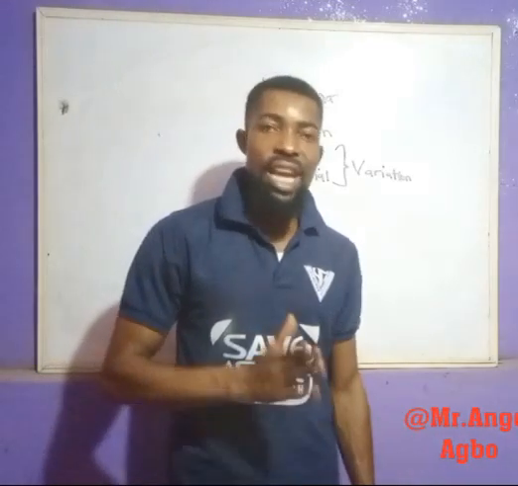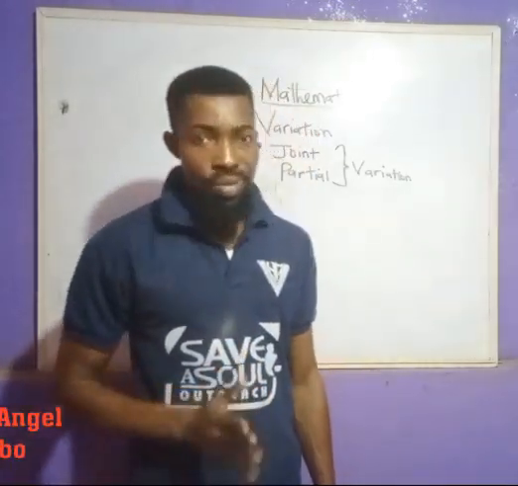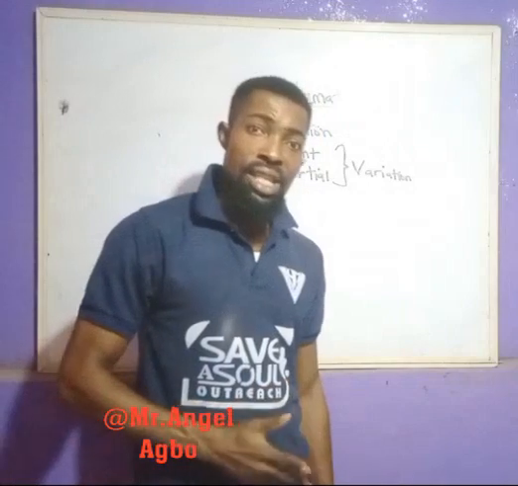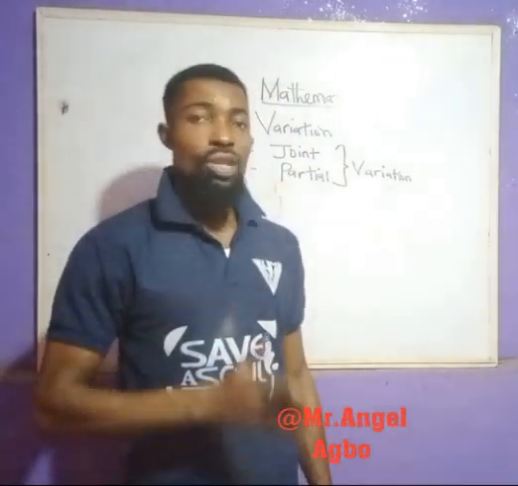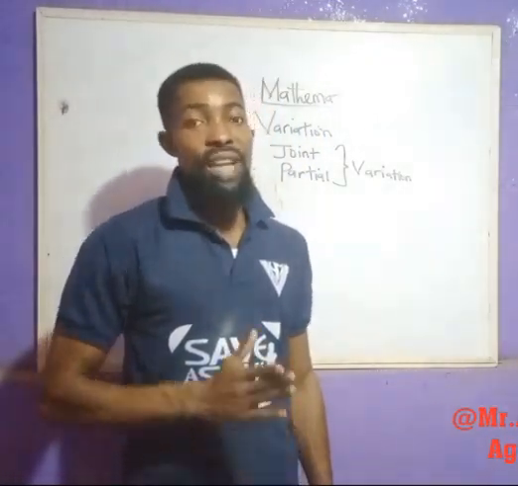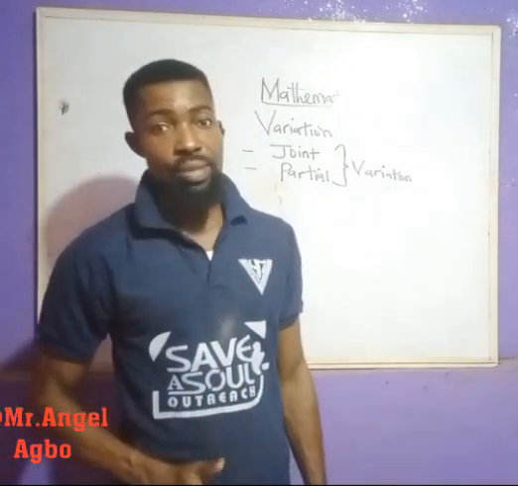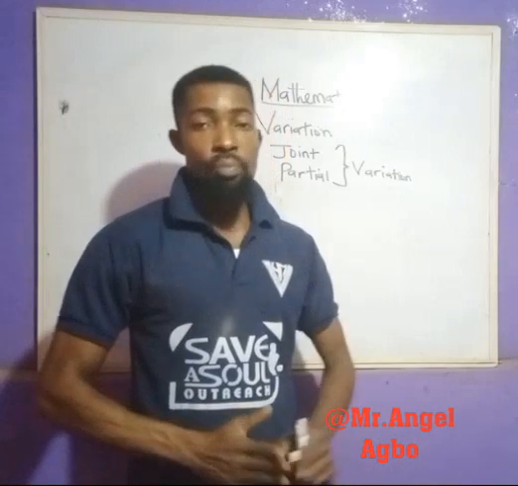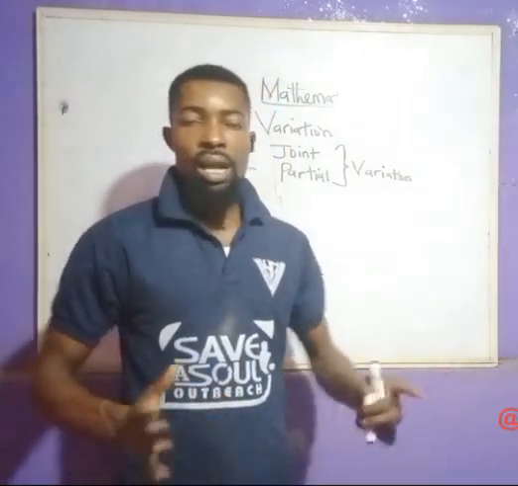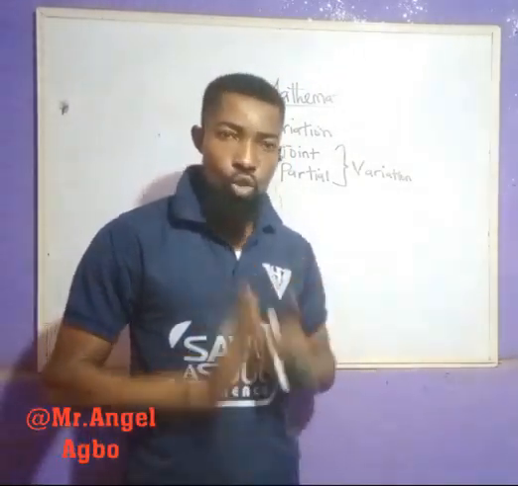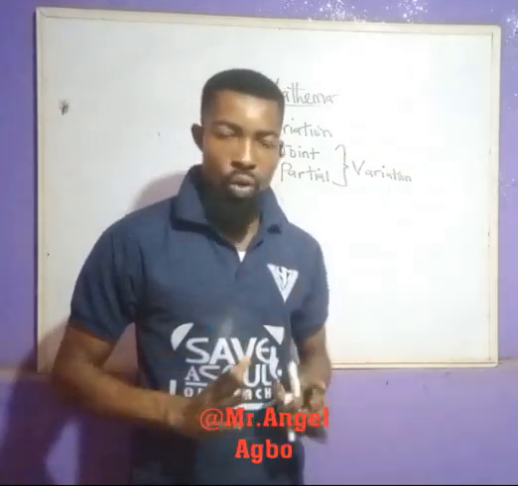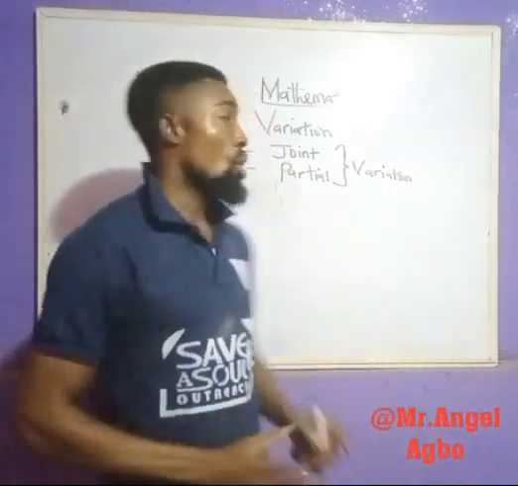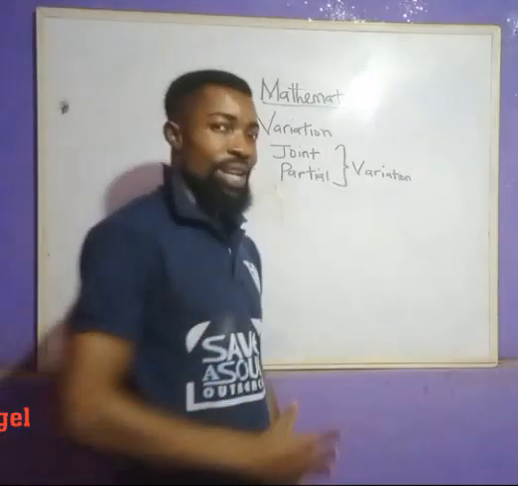For instance, if A is increasing, B will be increasing. If A is decreasing, B will be decreasing. But under inverse, if A is increasing, B will be decreasing. If B is decreasing, A will be increasing. But both of them have a relationship between two objects, two quantities. That is just it. But under here, the relationship upgraded.